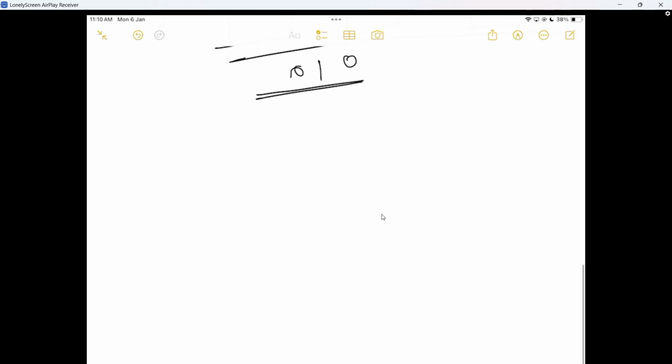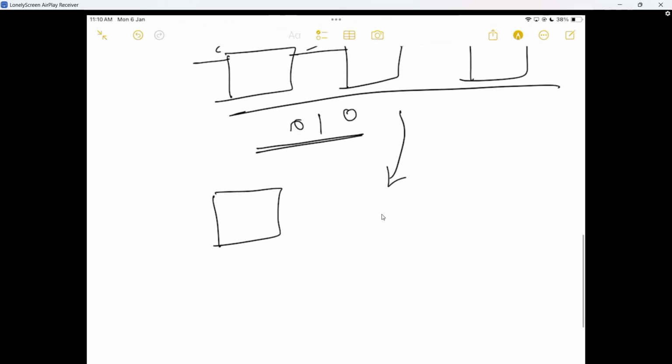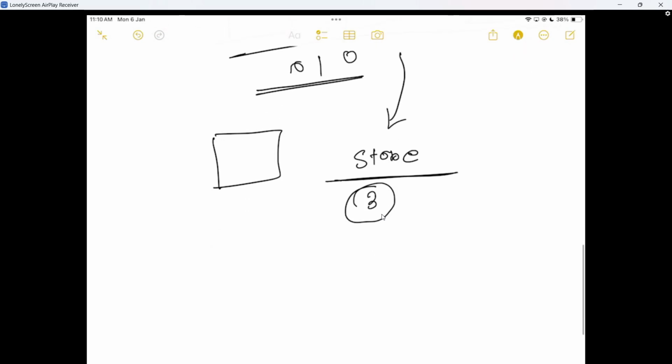Next is serial in but parallel out type of shift register. By the way, in the previous circuit, how many clock cycles are required to store the data? That is 3. Basically it's 3 bit, so 3 clock cycles.